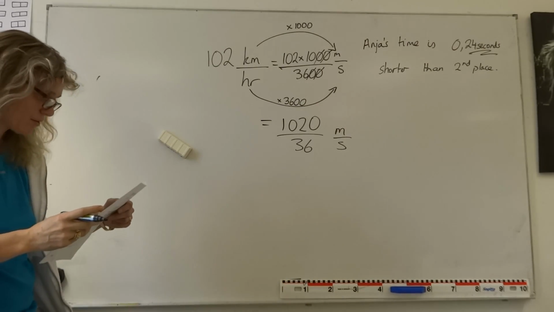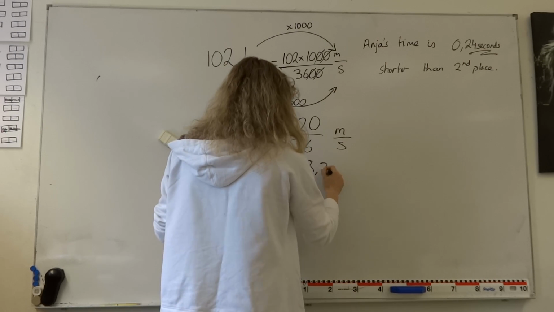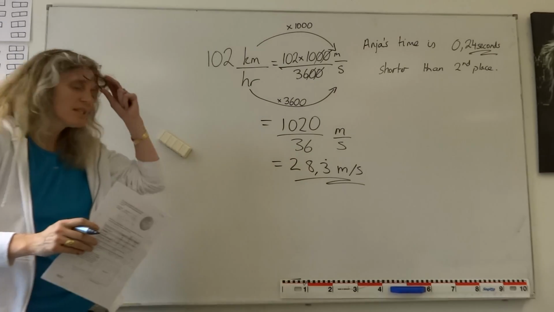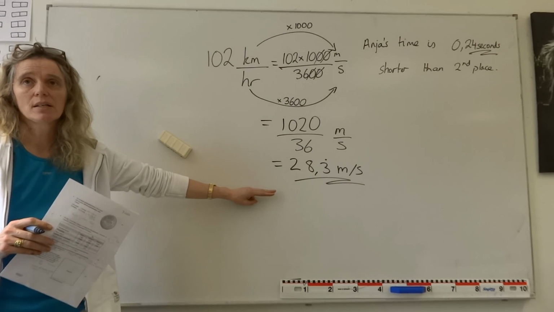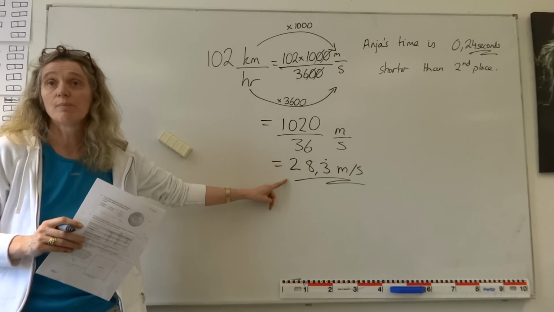That gives us directly 28.3 recurring meters per second. So that's the speed of Anja in meters per second. So how far does she go in 1 second? She'll go 28.3 meters.